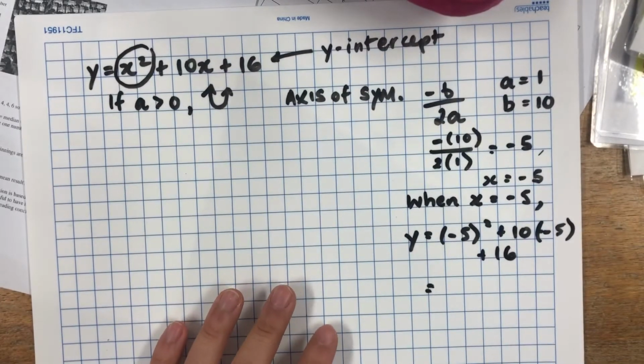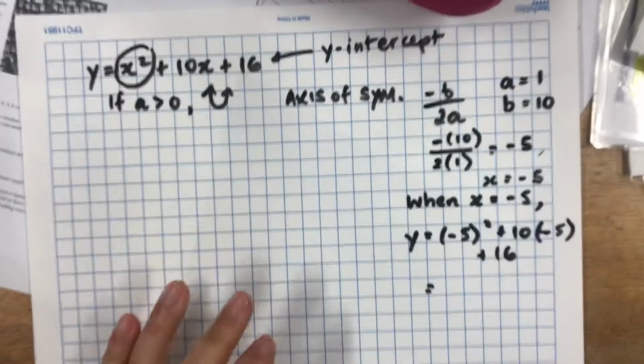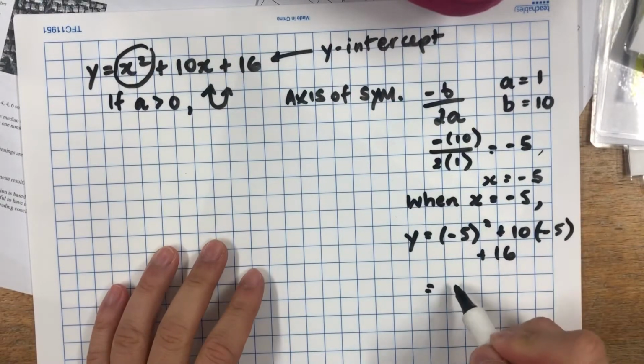Minus 5 squared. What does that mean? Minus 5 times minus 5. Not times 2, times itself. So minus 5 times minus 5 is 25.